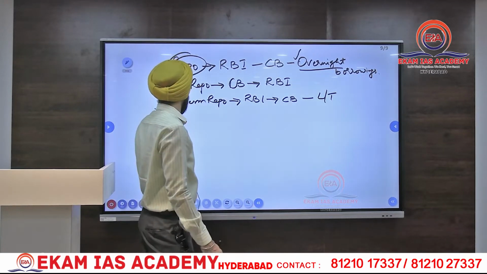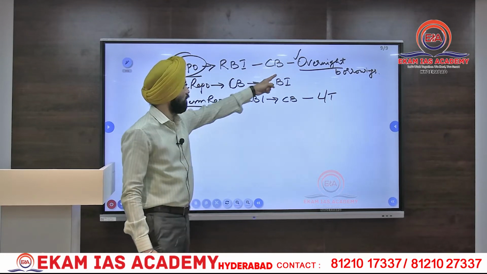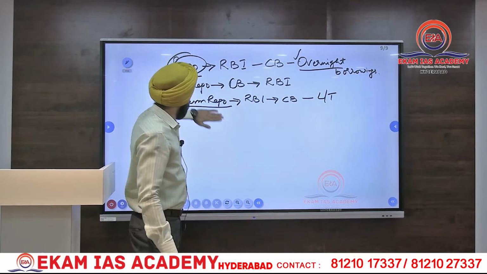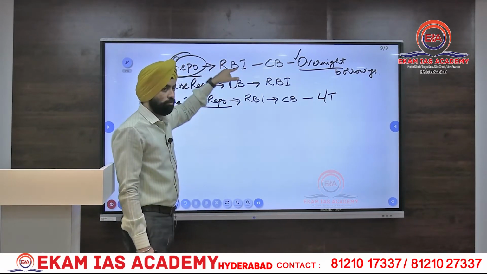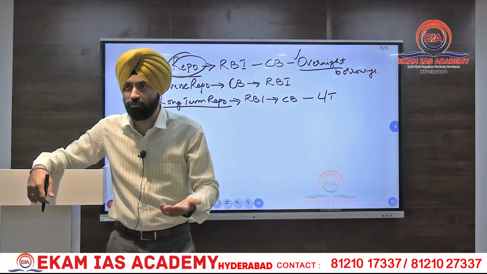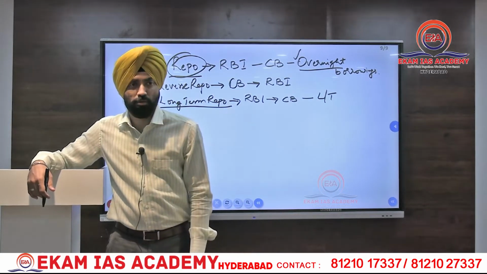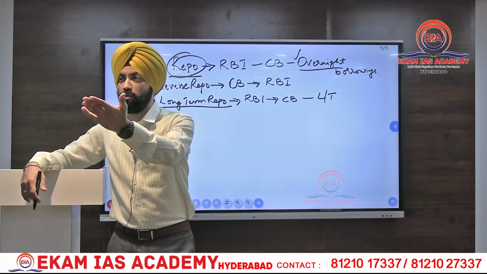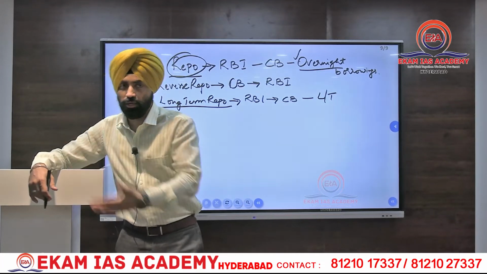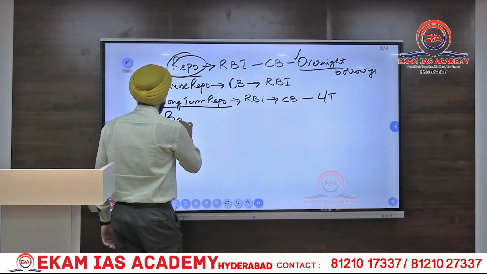Now I said this is long-term repo, this is normal repo, overnight borrowing. When this window was not there, what is the rate at which the RBI was giving long-term loans to commercial banks? Bank rate, right? Excellent.